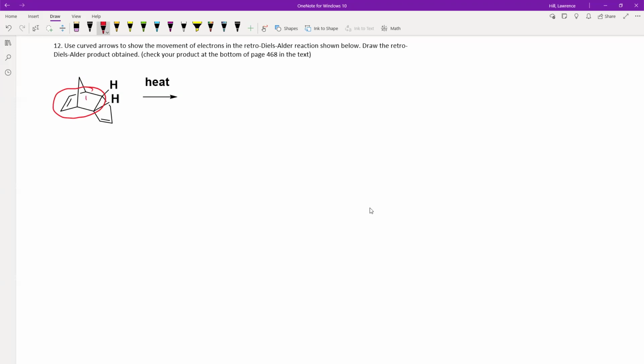So we call this carbon 1, 2, 3, 4, 5, 6 for our cyclohexene ring. Now the numbering is going to be a little different than we've been using before, but that's fine. And so if we think about our cyclohexene ring, I'm thinking about it in the forward direction right now, but not retro Diels-Alder. So all I'm doing is redrawing the molecule at the start of this problem.